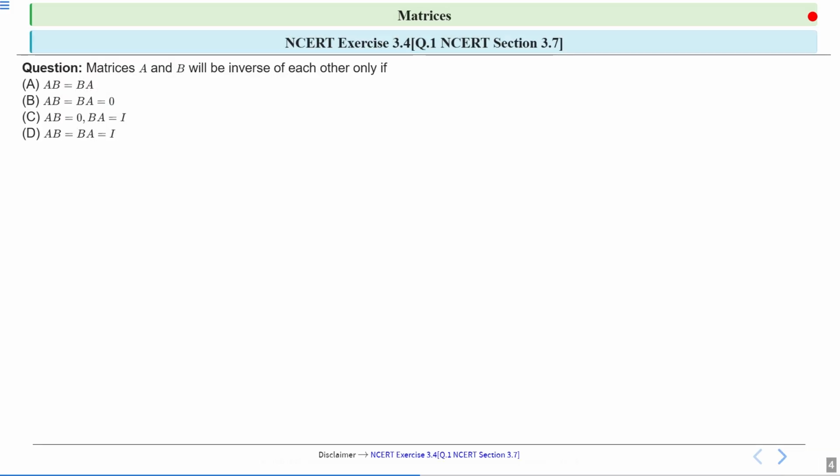Okay, so let's discuss now NCERT exercise 3.4, question number 1.